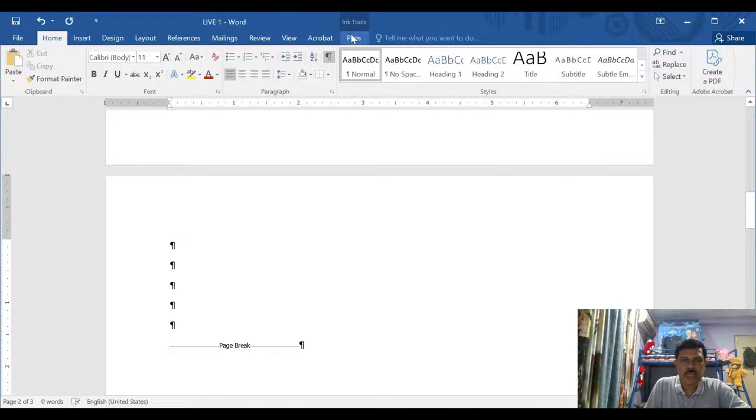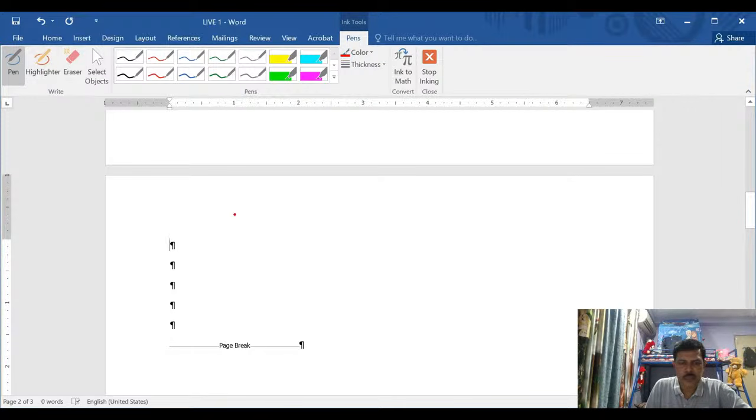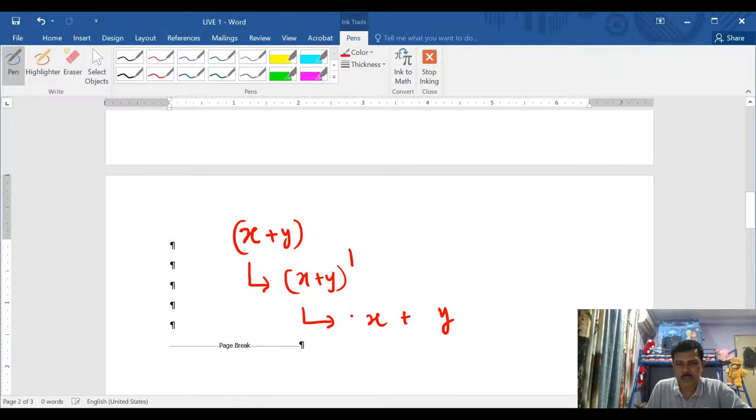So based on that, if I try to write suiting to our binomial theorem, if I say x plus y only, first we write this as x plus y whole power 1.